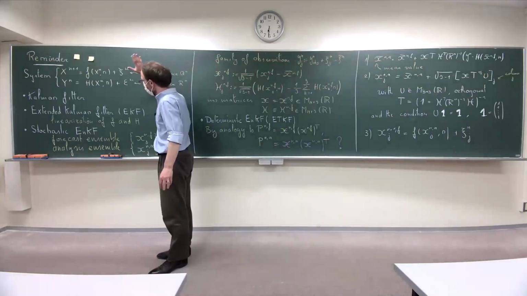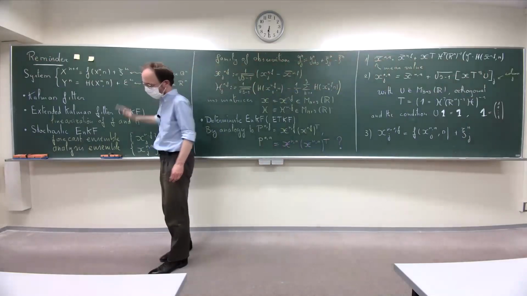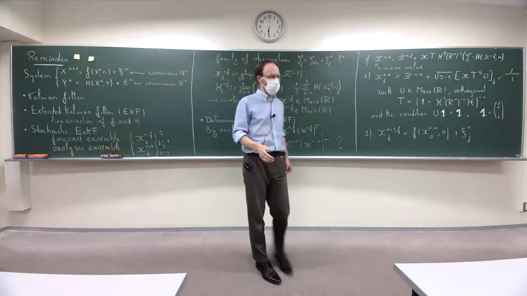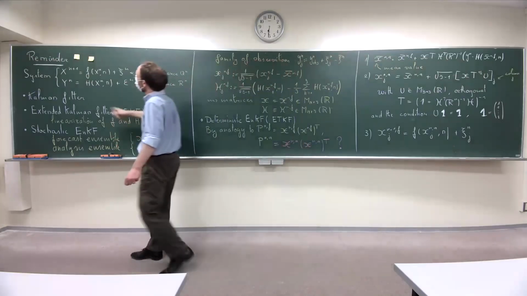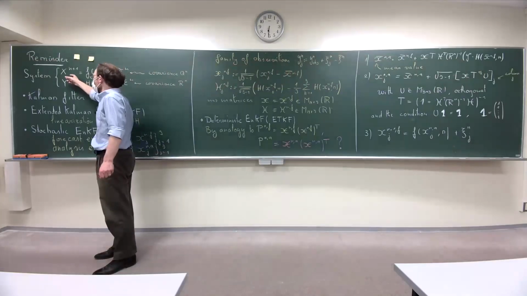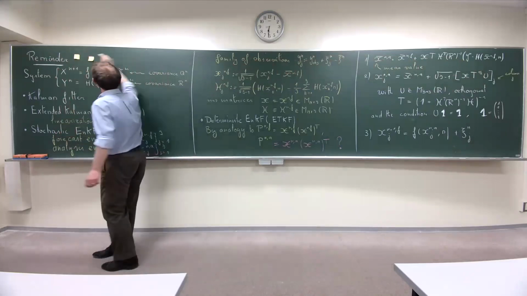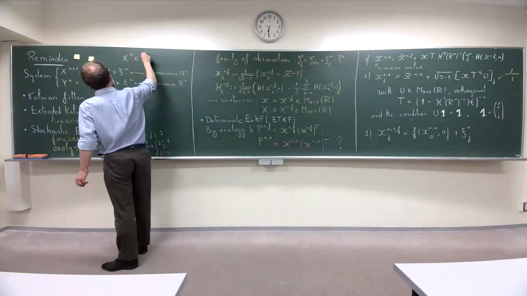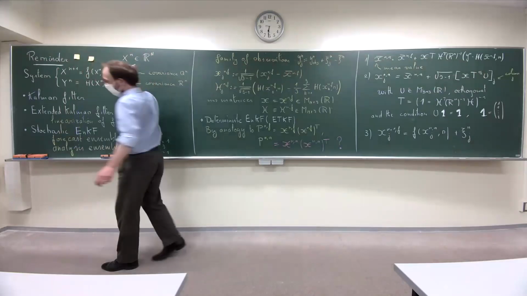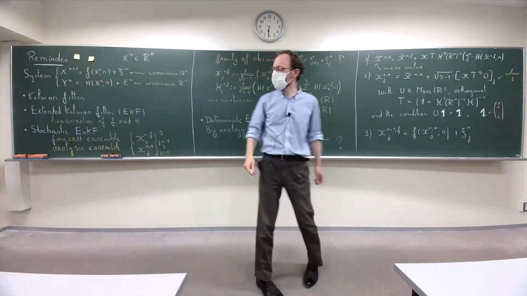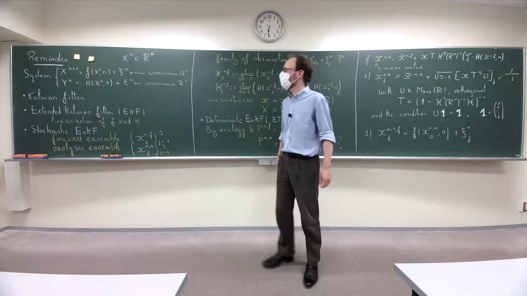So remember, the system we are looking at is something like this. It's a discrete time system, so n is a time. The evolution of the system: x represents a random variable, xn is a vector in R^N, and we will see later on some examples where capital N is huge.